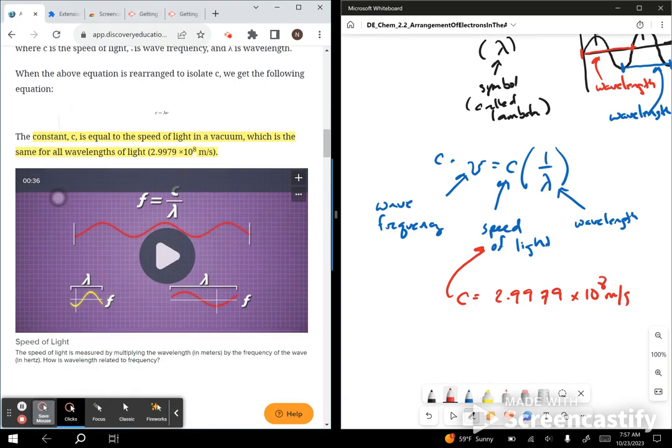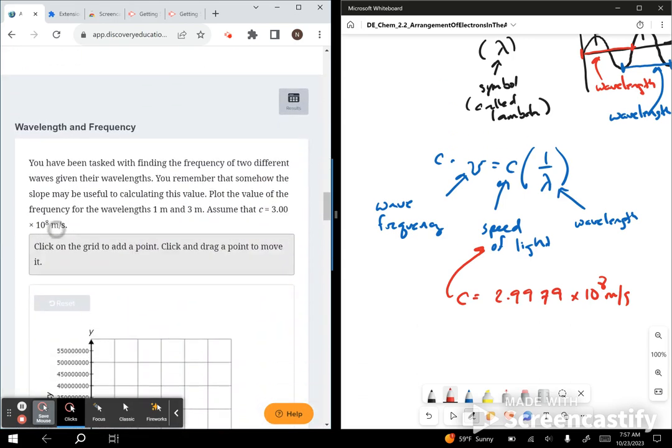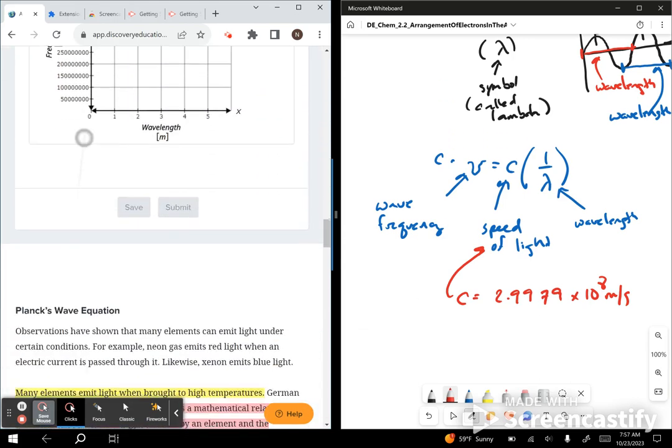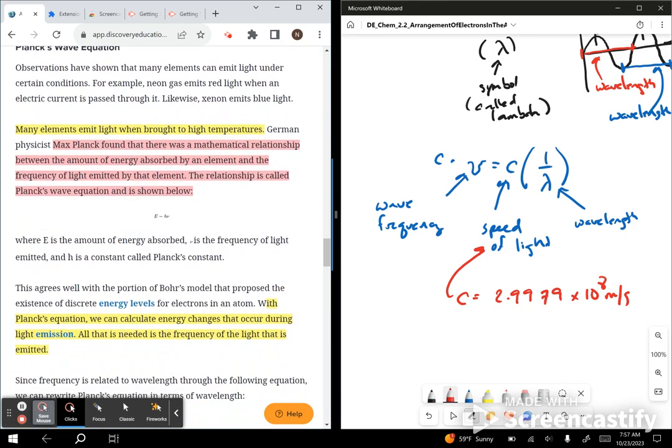And let's see here. An interesting point that you may want to make a note of is Planck's equation. Many elements emit light when they're brought to high temperatures, and this was mathematically represented by Max Planck. Okay, so we're going to call this letter D. Planck.